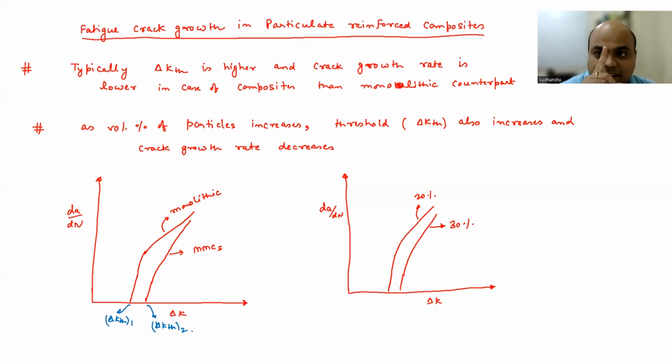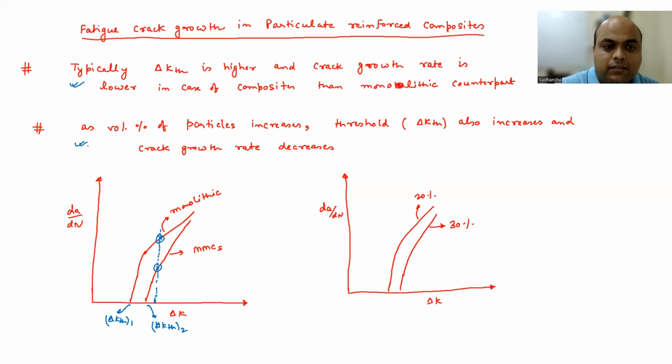Similarly, for same delta K value, you can see the monolithic has higher crack growth rate as compared to MMC, right? So if I just draw say a straight line, same delta K, you can see that dA by dN is higher for monolithic, right? And that is what is written, the first point.